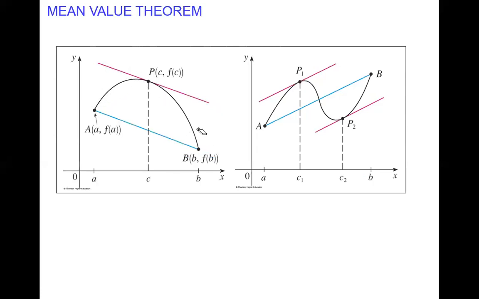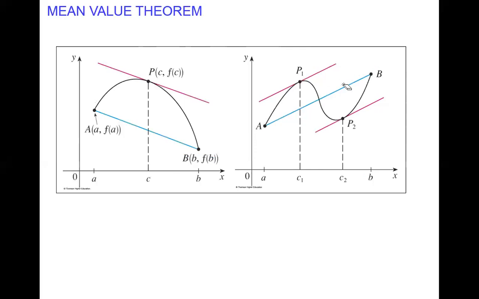If the function is continuous and differentiable, then connecting these 2 points, now it's not a horizontal line, I can nicely compute the slope, f of b minus f of a over b minus a. That means this slope is exactly the same as the slope of the tangent at some point between A and B. We have to find a point where, if I draw a tangent, it will be parallel. We may even have a few points, depending on the function.